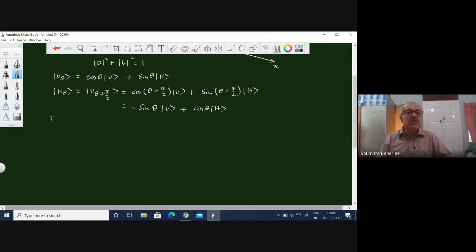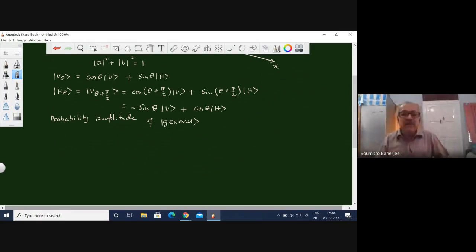Okay, now we are essentially trying to find out the probability amplitude. The amplitude of a general state that has a probability of being transmitted or being blocked.